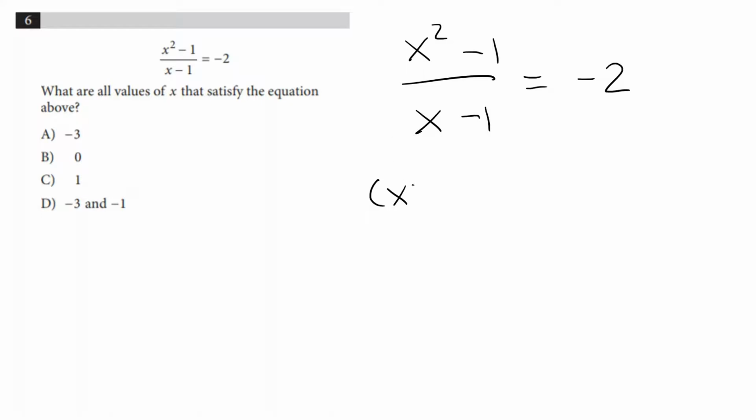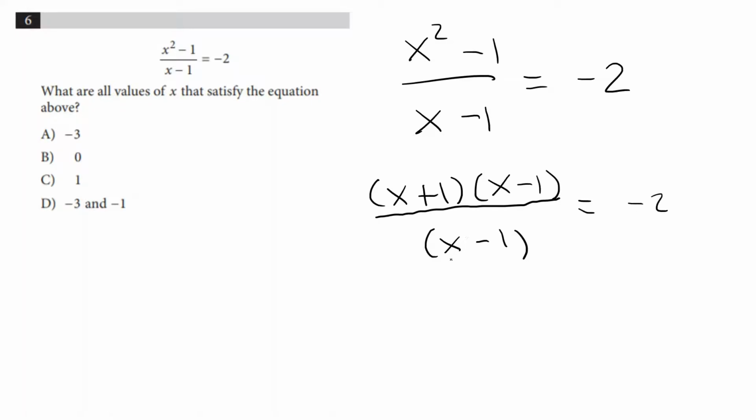Instead, realize that x squared minus 1 is a difference of squares, and we know that the difference of squares formula would lead to this expansion for the top. So in the denominator, coincidentally, I think not actually, we have x minus 1. So now we can just easily cancel these two out for a nice clean equation: x plus 1 is equal to minus 2. We then get x is equal to minus 3, which is one of the options here.